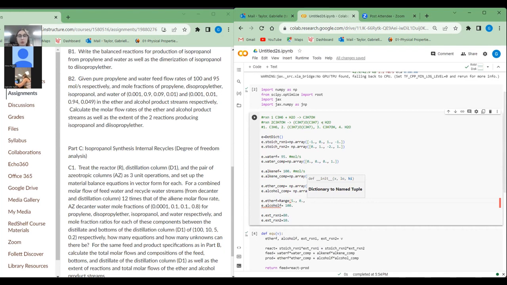So let's type this in here. We also know that since it takes 2 moles of this ether flow, it's going to take 1 mole of this isopropanol, which is our alcohol.